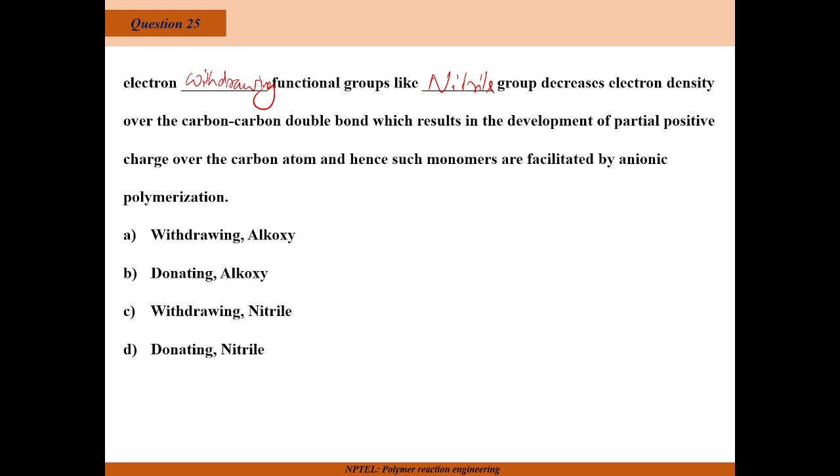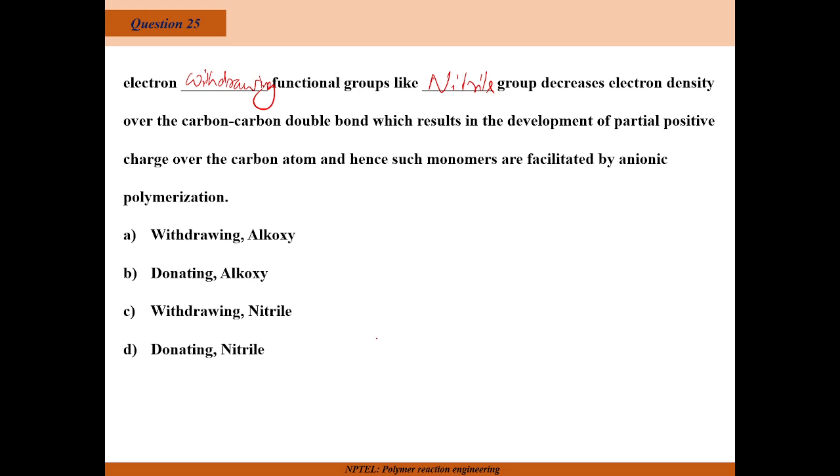Just to check, is the alkoxy then electron donating? Yes, alkoxy is electron donating, right? Yeah, I think it is electron donating. Okay, fine. But I have a doubt, because nitrile generally will have a lone pair, right?